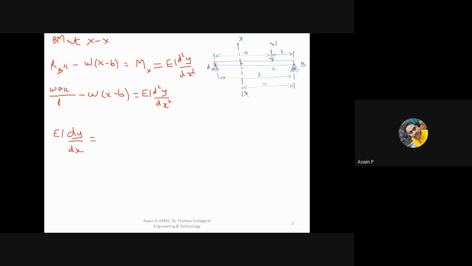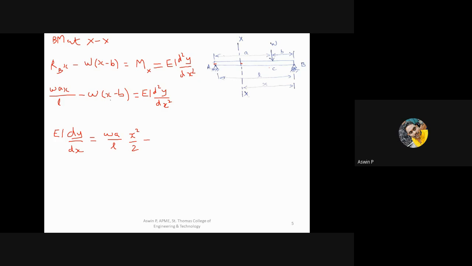And you need to integrate this side, that is WAx by L. W is constant, A is constant, and L is constant. So we can take it as WA divided by L, and when x is integrated, you will get x square by 2. This is the common integration. And you need to integrate this side as well, but there is a special condition.